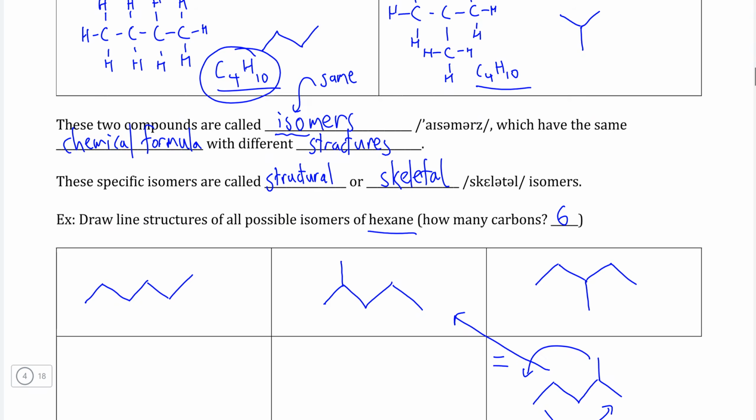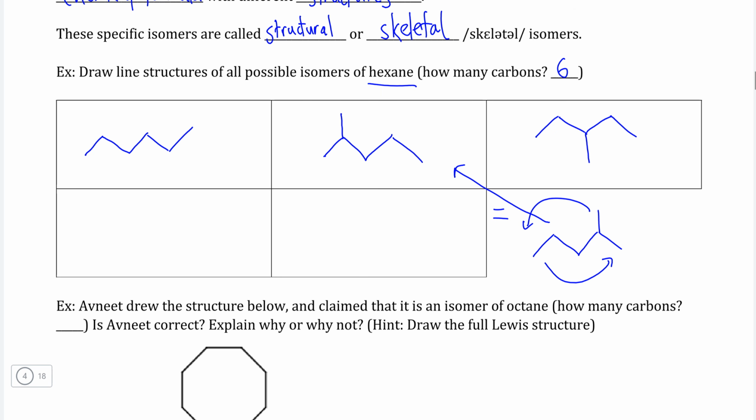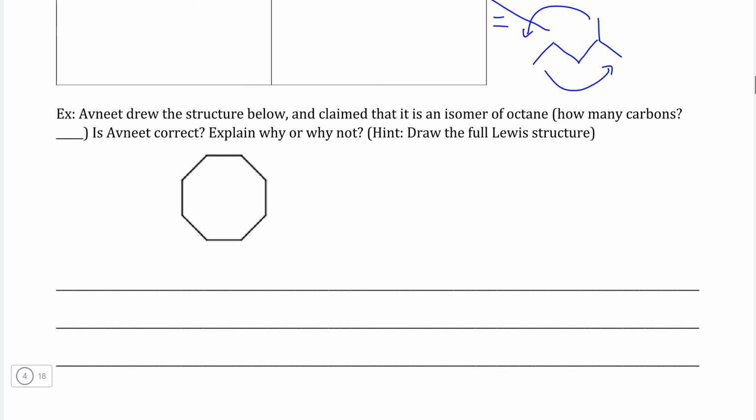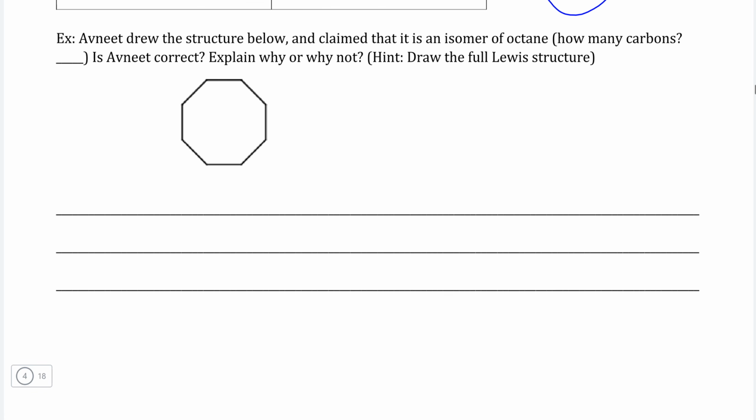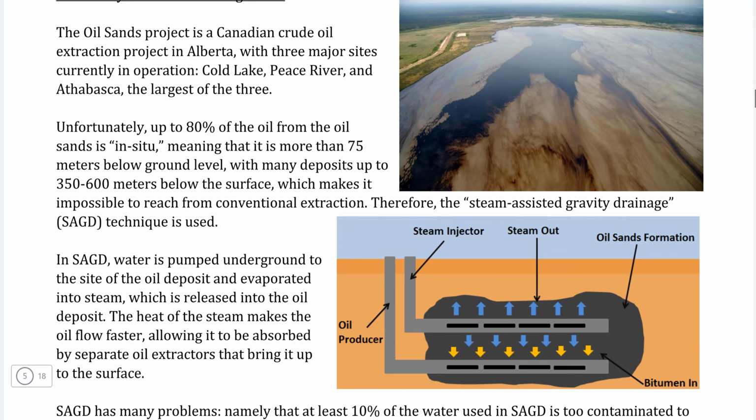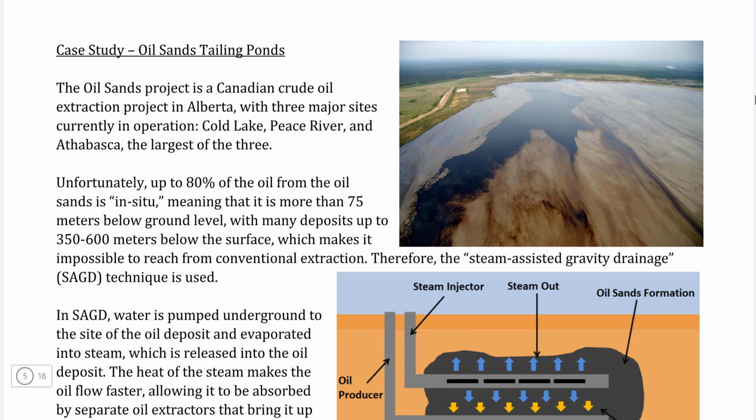So before that, to make sure that your basic knowledge of alkanes is solid, see if you can identify the last 2 isomers of hexane and see if you can identify whether this compound here is an isomer of octane, as well as try this case study involving the applications of hydrogen, of which oil extraction is definitely one.